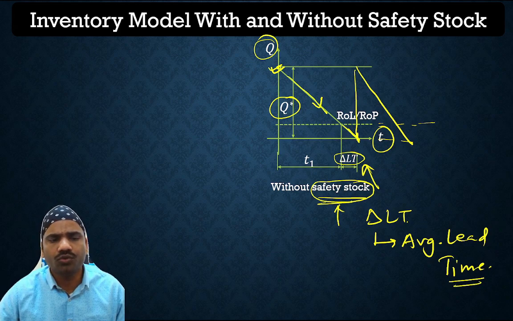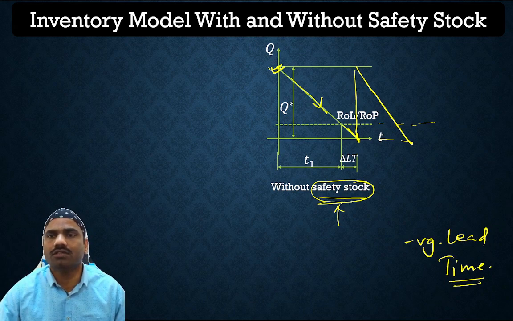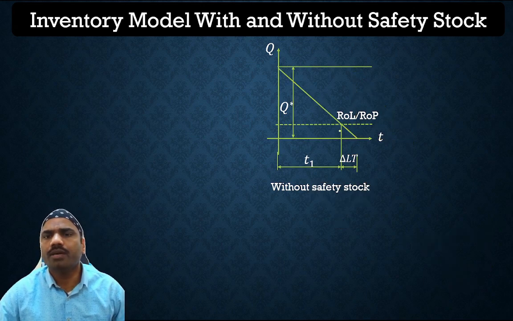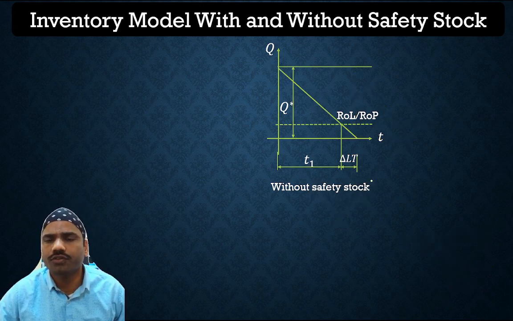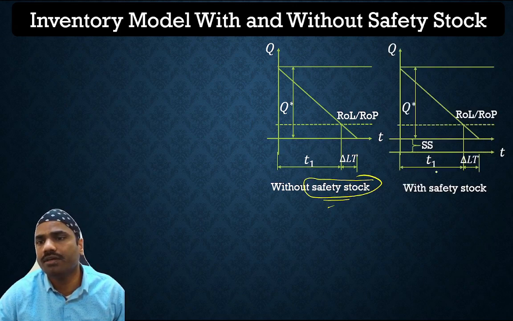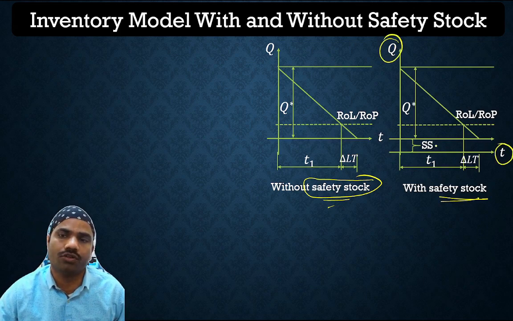In industry or in some firms, we have to maintain some safety stock, and we will discuss how to maintain that stock. So we have to maintain some stock for the future, for safety, for any worst condition. This plot is between quantity and time with safety stock.